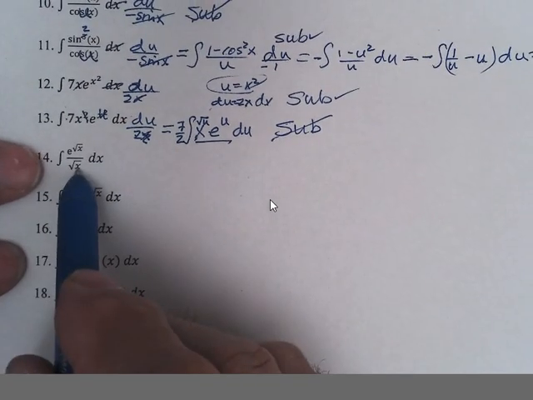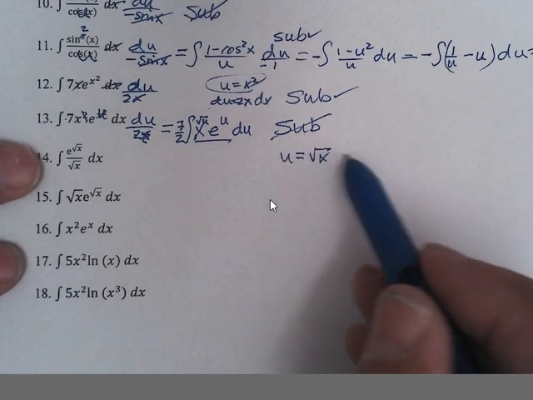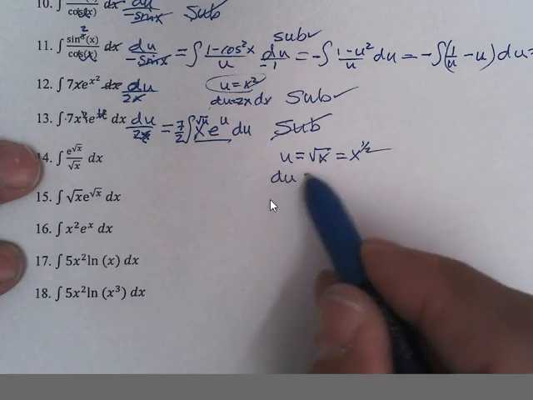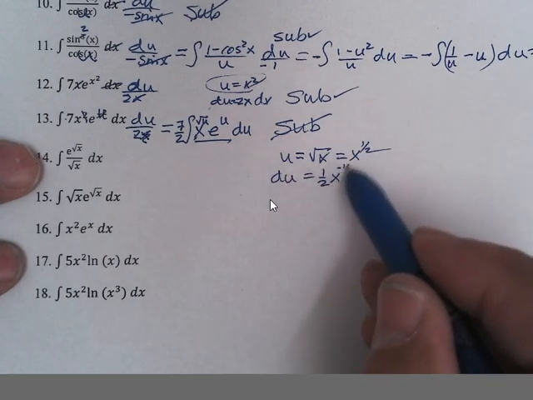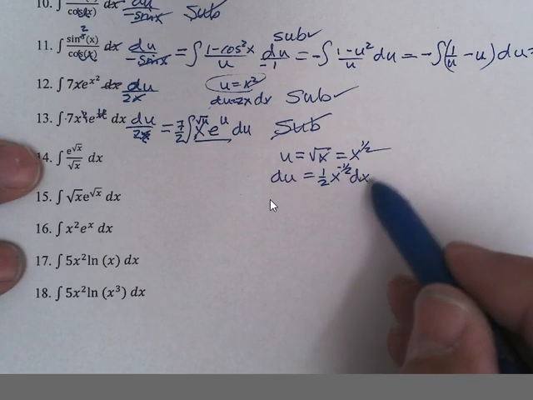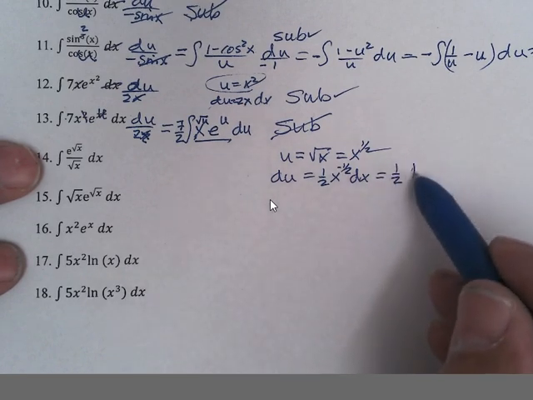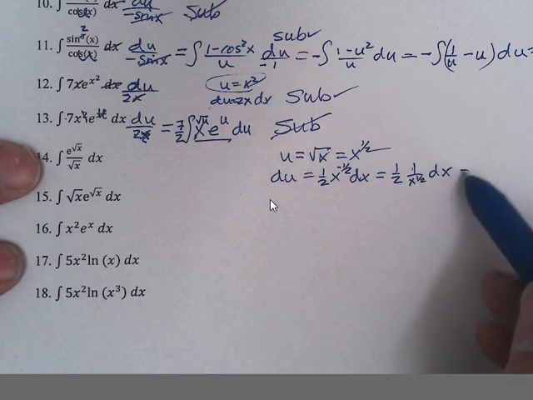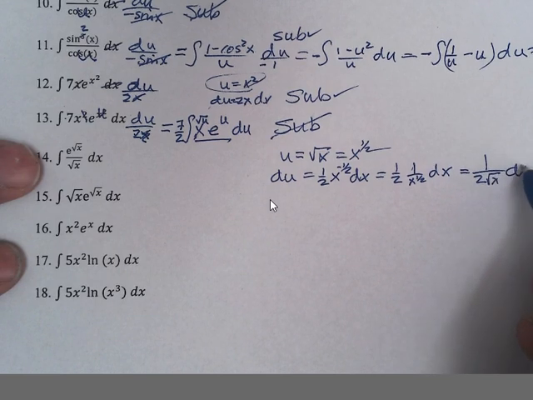This one, if you let u be the square root of x, which is x to the 1/2, its derivative is 1/2 x to the minus 1/2, which is 1/2 times 1 over x to the 1/2, which is 1 over 2 square root of x dx.